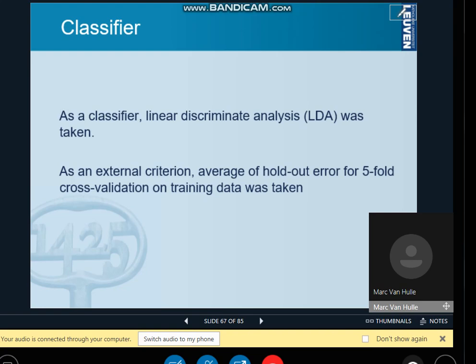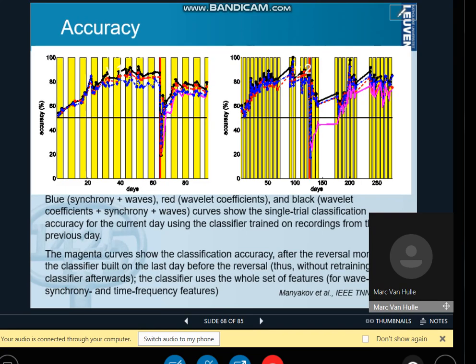And then we come to some results, slide 68. Slide 68 shows monkey 1 on the left and monkey 2 on the right. Let's look at monkey 1, the left panel. You see here as a function of training days the accuracy of the classifier in predicting if the single trial corresponds to a rewarded stimulus or non-rewarded stimulus.